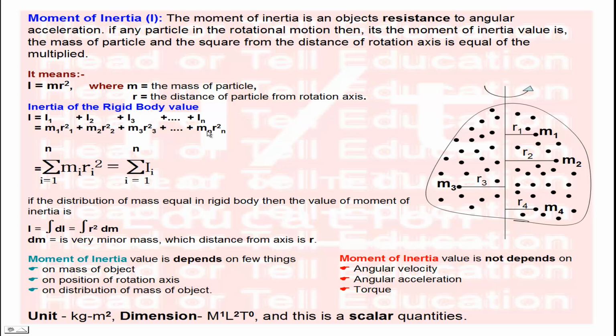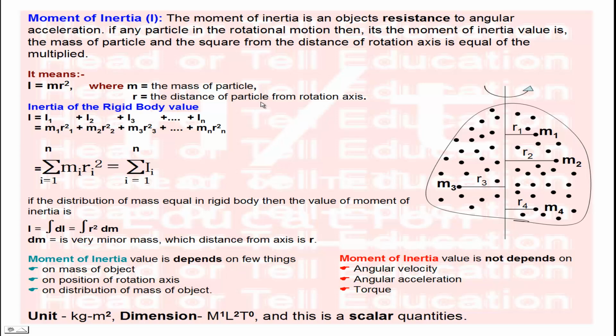So to calculate the rigid body's moment of inertia, because we have a lot of different particles with different masses, we write I equals I1 plus I2 plus I3 and so on to In. Now replace the values: m1 r1 square plus m2 r2 square plus m3 r3 square and so on to mn rn square.